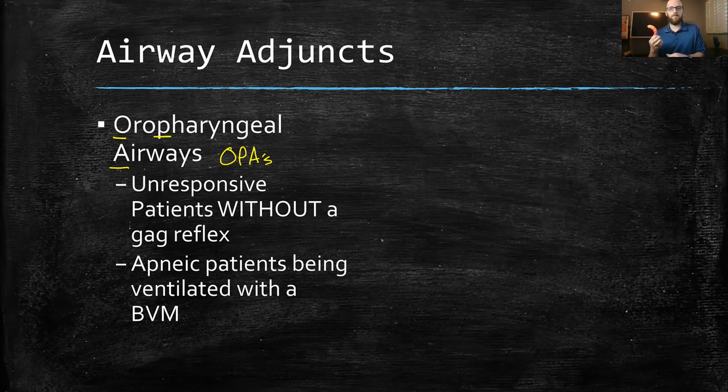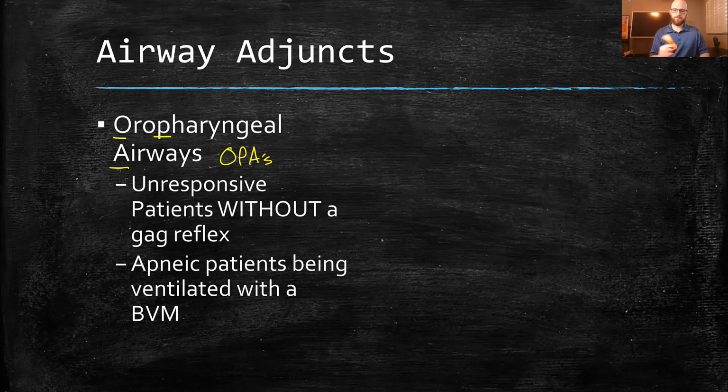Ideally, the OPA on the BLS side before we make a change over to a more advanced airway, right? If you've got a medic with you or something. So we've really got to start with an OPA in most cases, right? Unless, again, the patient is semi-conscious or something is telling us that they still have a gag reflex happening.